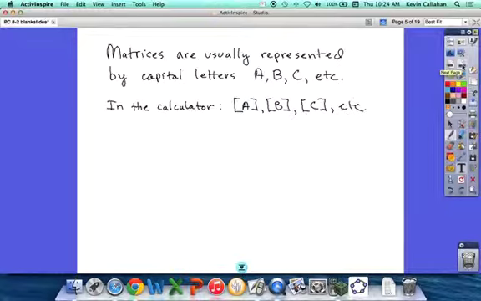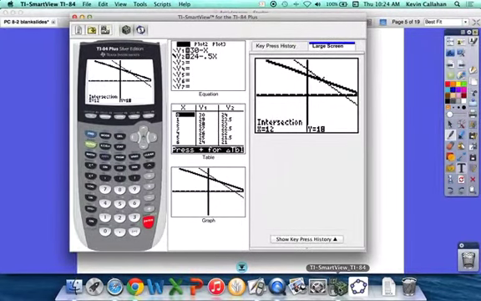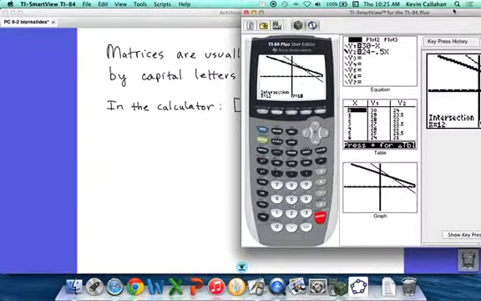Okay, usually we use capital letters to represent the matrices, and usually it starts with A, B, C. In the calculator, they actually use A and put it in square brackets. And if you go to the calculator, I have to look at mine because I can't read it on there. It depends on the calculator that you're using. Where is it?